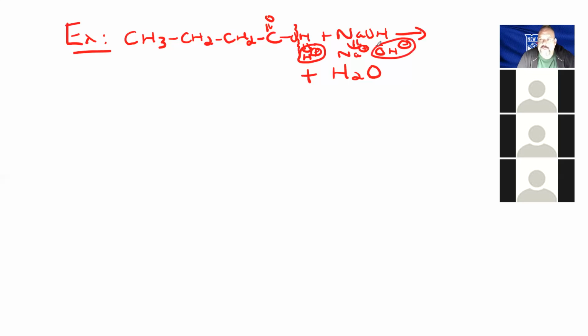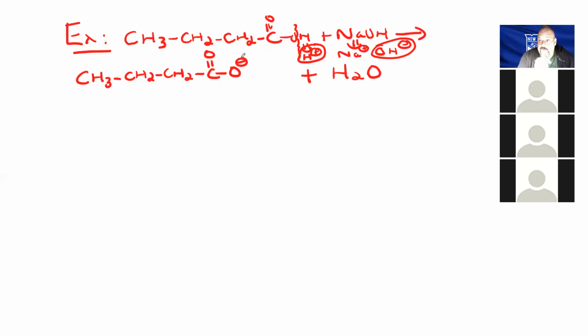Now, what happens to the carboxylic acid? Just like we talked about in the previous reaction, everything's going to stay the same. But now, instead of the C double bond O carbon being singly bonded to an OH, it is going to be attached to an oxygen that doesn't have the hydrogen attached to it. So that oxygen is going to have a negative charge.